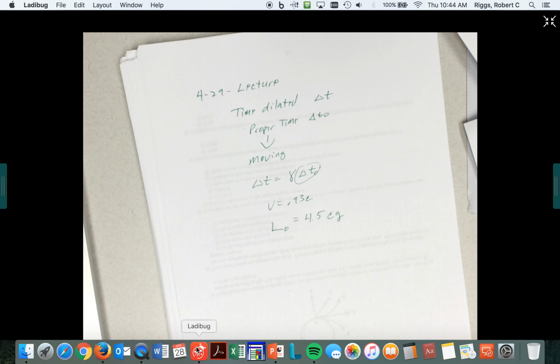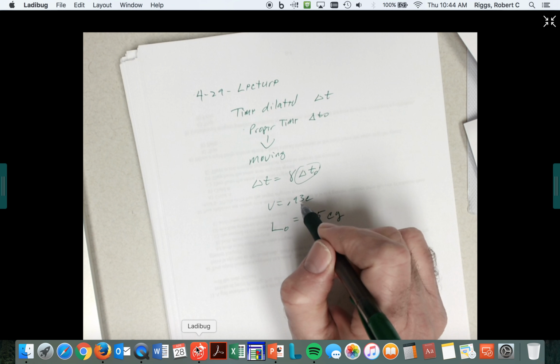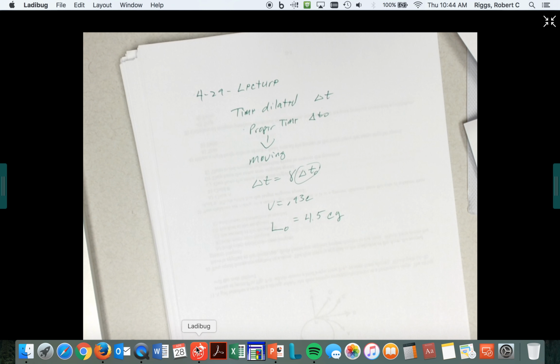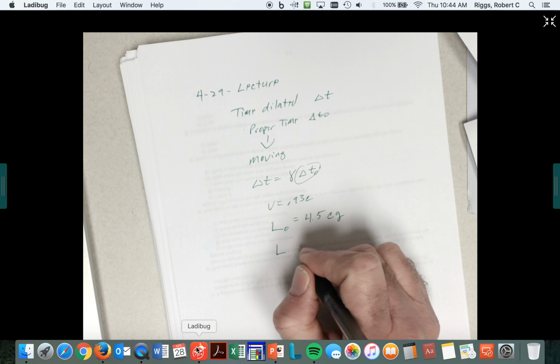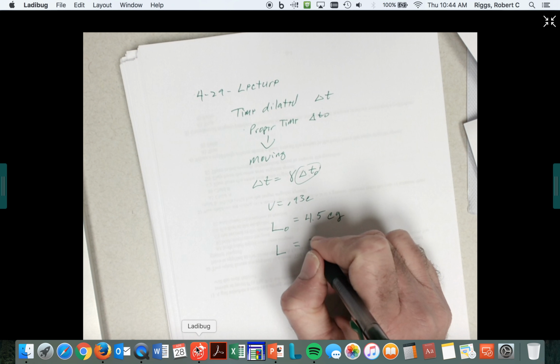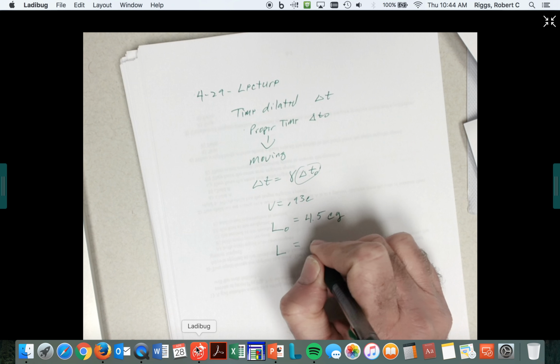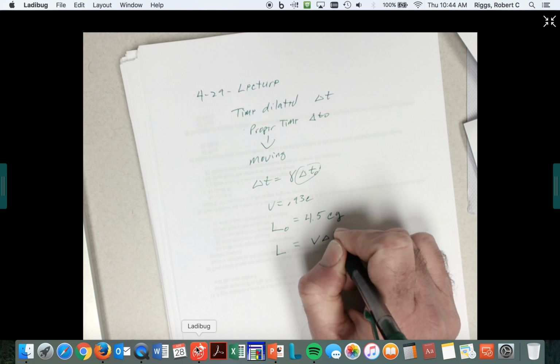Now, if I'm traveling at 0.93 c, the time it takes me to get there matters. The observer in the spaceship sees a shortened spaceship; my distances are contracted. So the contracted length is going to be v times delta t naught.